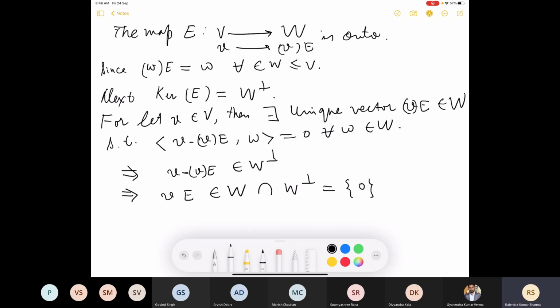So VE is 0. So that makes that this is in the kernel.